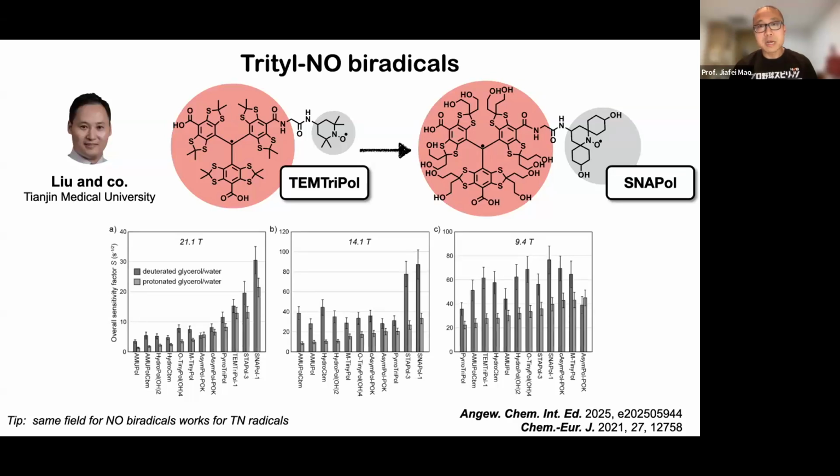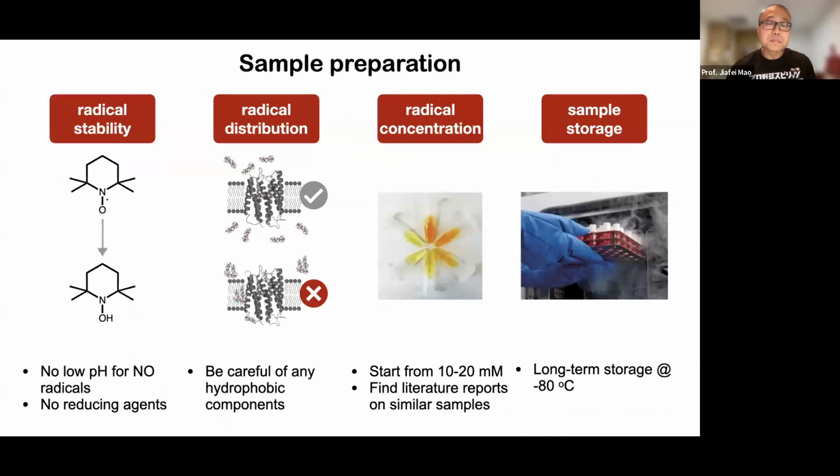So the trityl-nitroxide radicals are very likely at the moment the best option if you are craving sensitivity. And if the sample is really so precious, I would say it will be worthwhile to contact him and get some TEMTriPol or SNAPol for your applications.